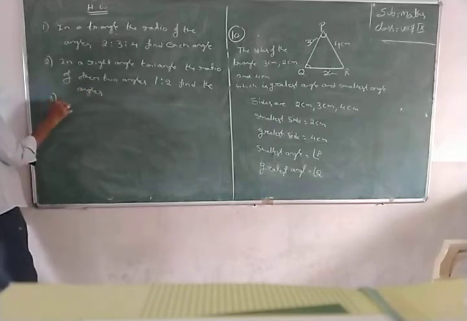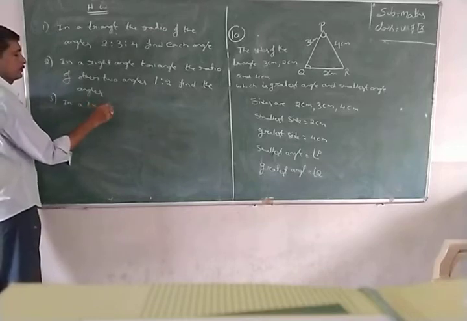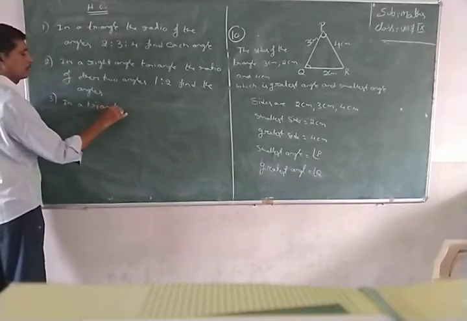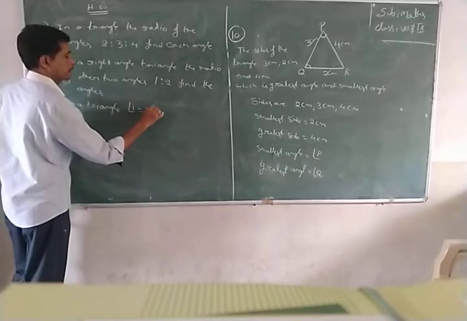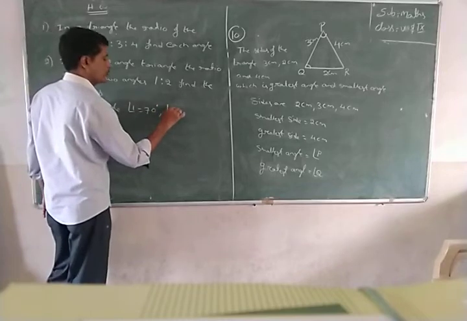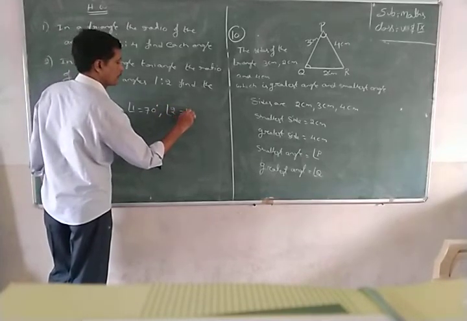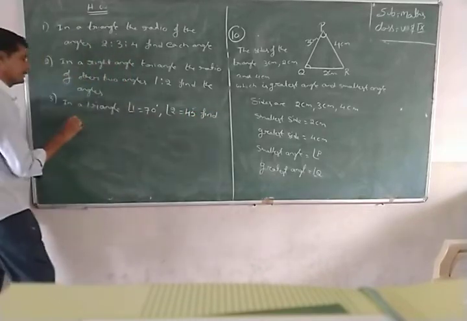Next one, in a triangle, angle 1 equals 70 degrees, angle 2 equals 45 degrees. Find angle 3.